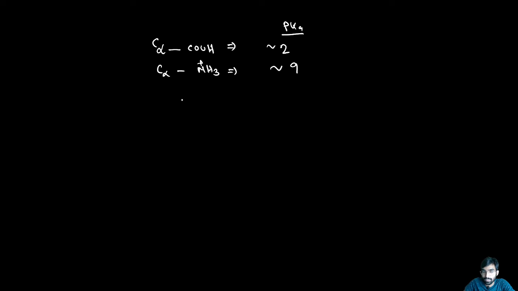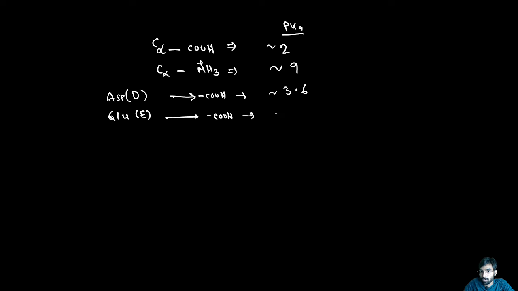Now the side chain, I will write for the side chain. For aspartate, D, the side chain COOH, of course, that's around 3.6. For glutamate, that is E, the side chain COOH, that's around 4.2.